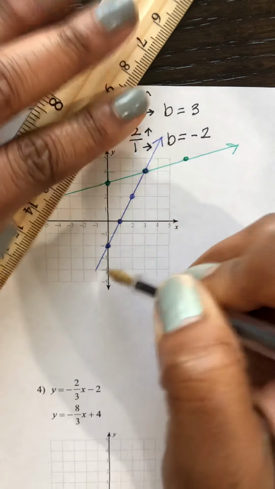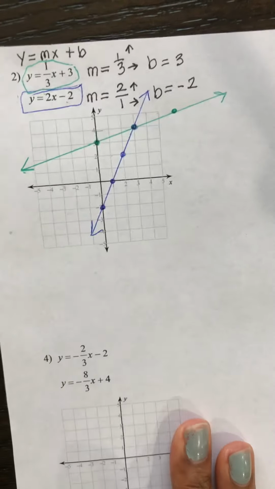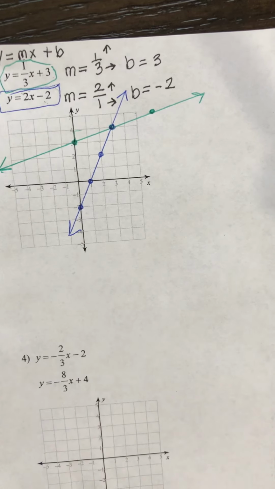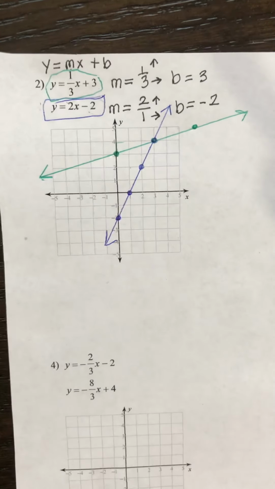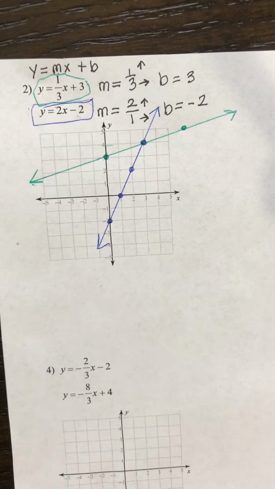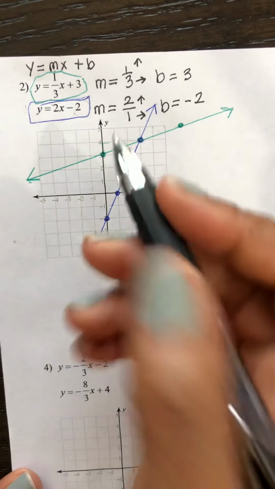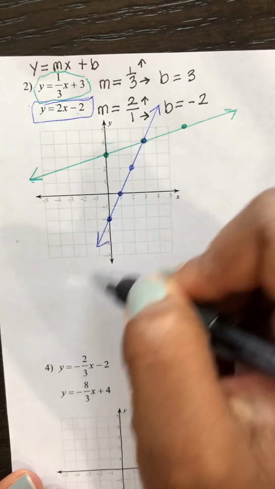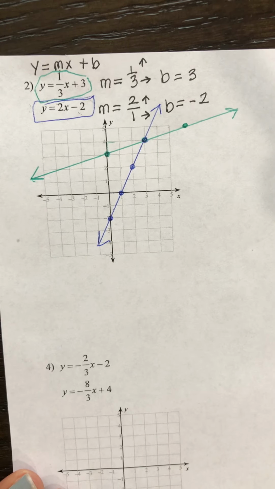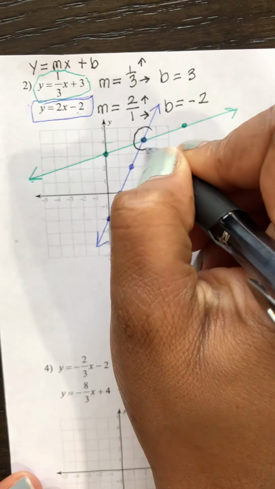Okay, once we draw our blue line, we now have to identify where our two lines intersect. So if you are looking at this particular graph, where did the green line and the blue line intersect? Well, they intersect right here.